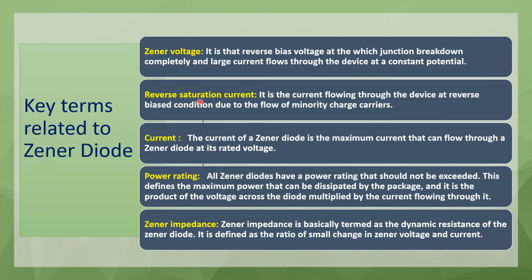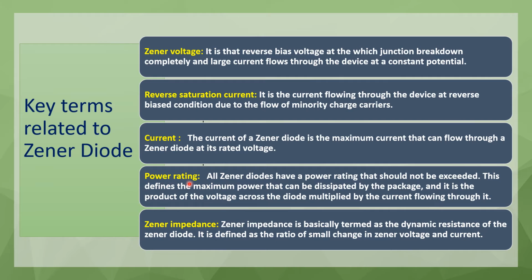Next, reverse saturation current. It is the current flowing through the device in the reverse biased condition due to the flow of minority charge carriers. Now what is the maximum current? It is the maximum current that can flow through a Zener diode at its rated voltage.